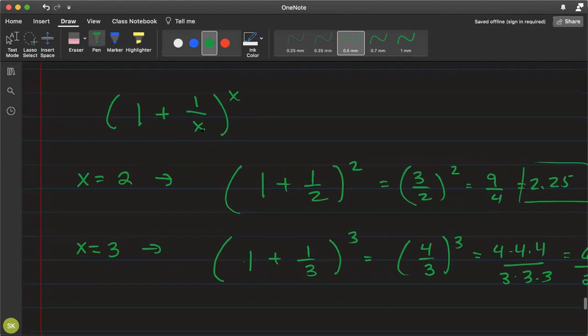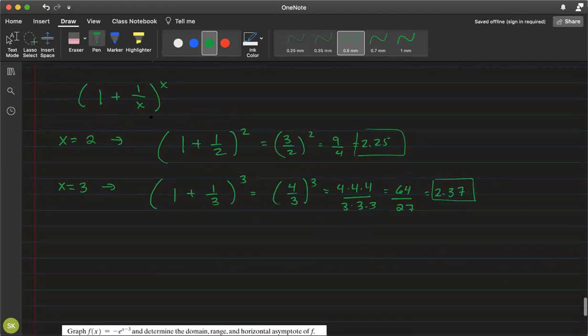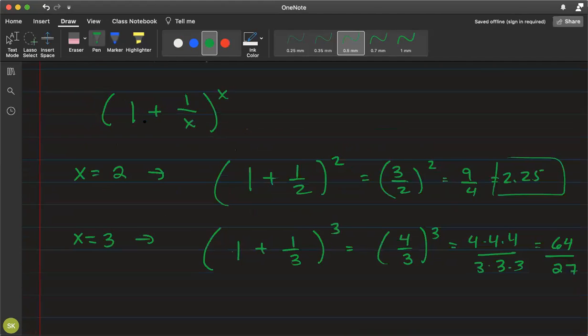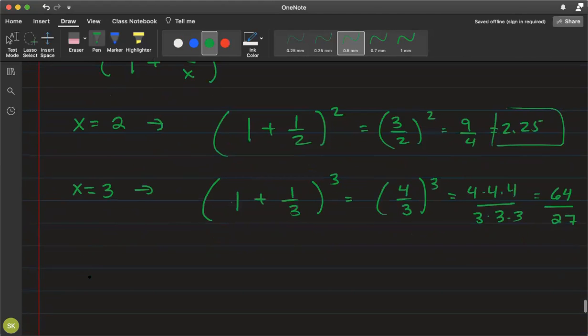So let's plug in something really big, like 100. X is equal to 100. If you plug that in, you get 1 plus 1 over 100 raised to the 100. I'm going to share my screen here.